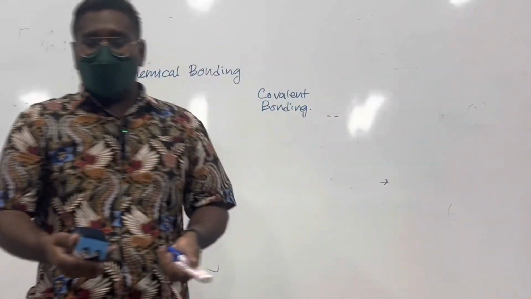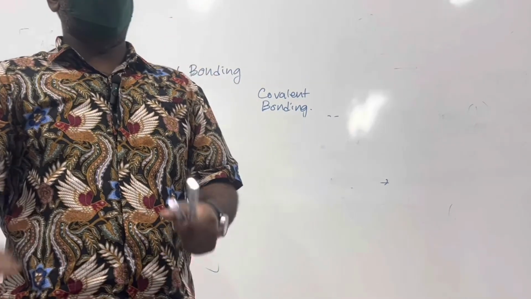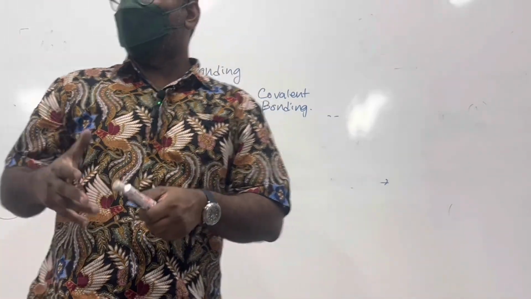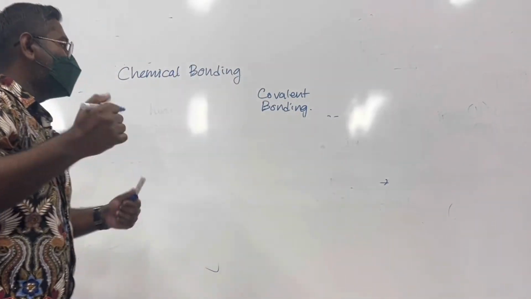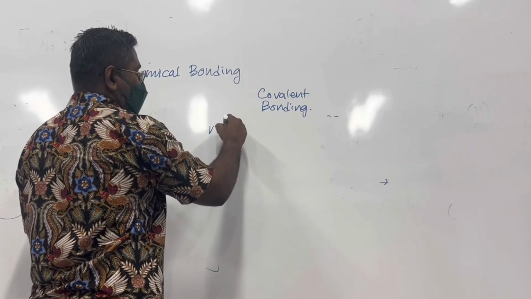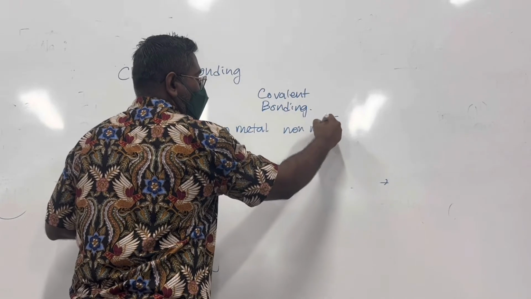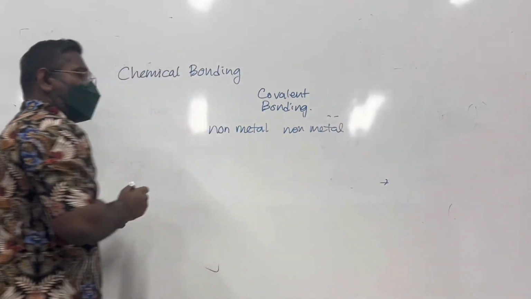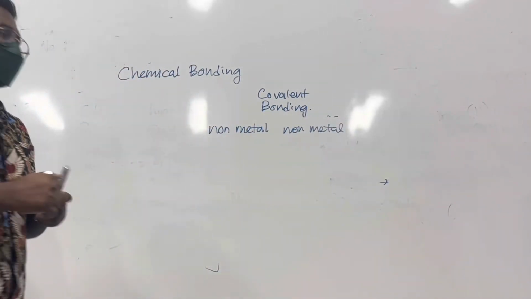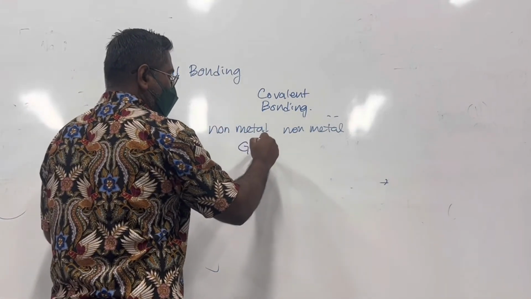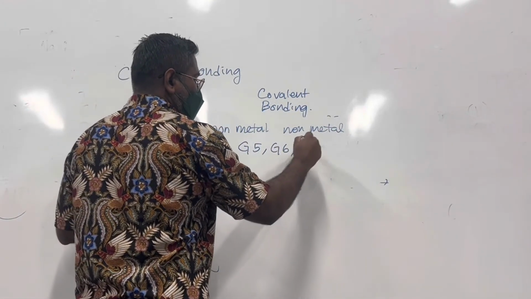Now, covalent bonding, in a simple way, we can just say it's the bonding between non-metal and non-metal. So they are going to be from group 5, group 6, and group 7.